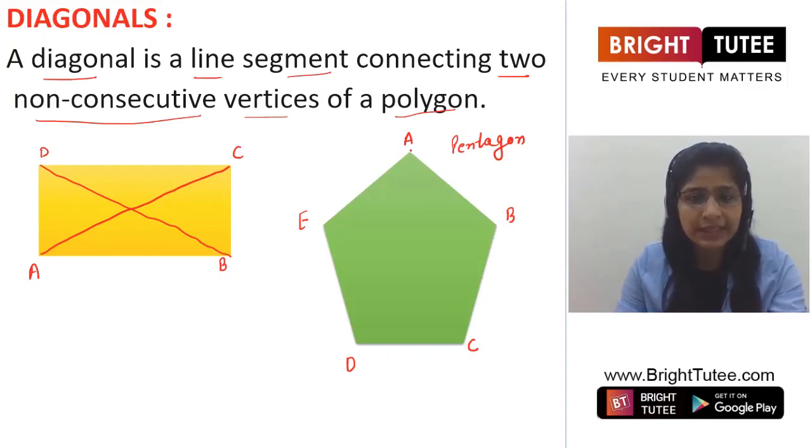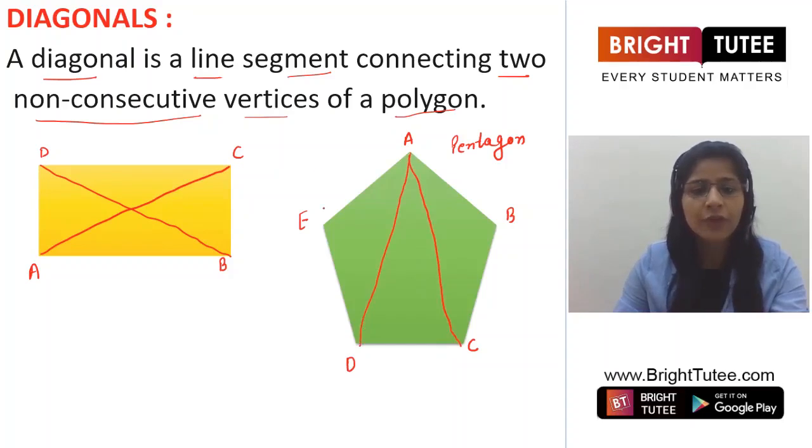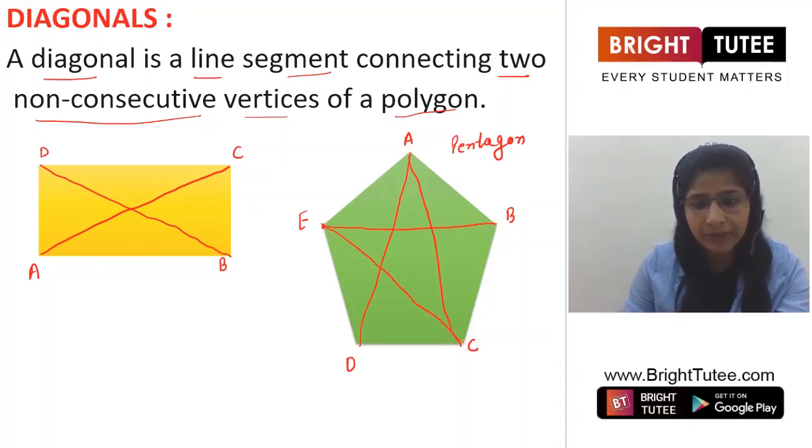So from vertex A, we see E and B are adjacent to vertex A. So from vertex A, we can draw diagonals to point D as well as to point C like this. Now from point E, we see A and D are the adjacent vertices to vertex E. So we can draw the diagonals to B and to point C.